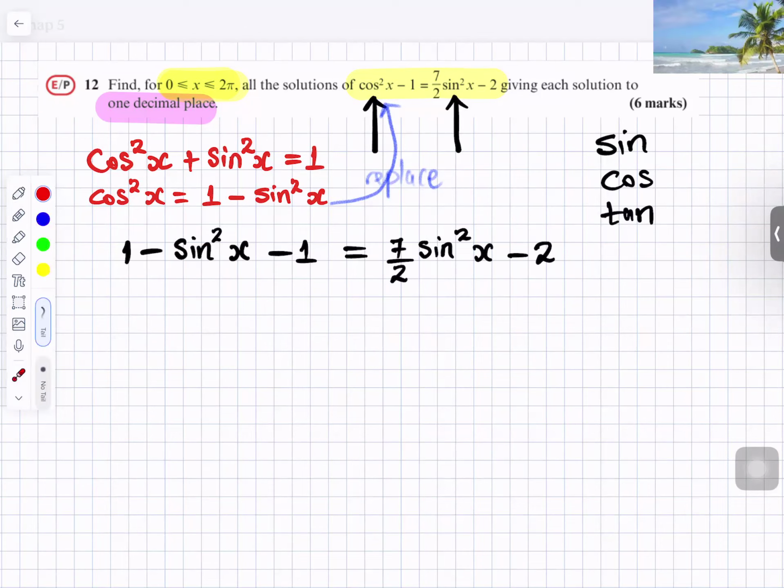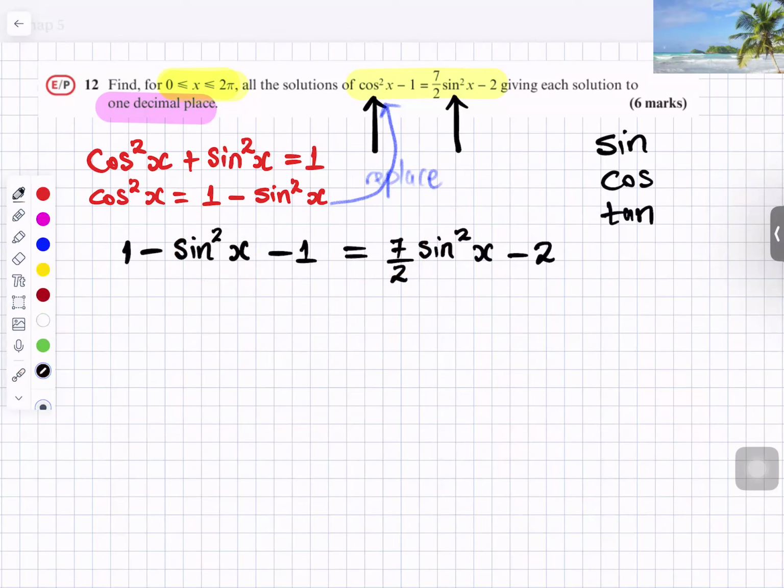So you notice now that we have replaced cos squared with 1 − sin squared. That's the plan. And so now the equation has only sine squared terms. They are the same trigonometric function, so we can solve it now.